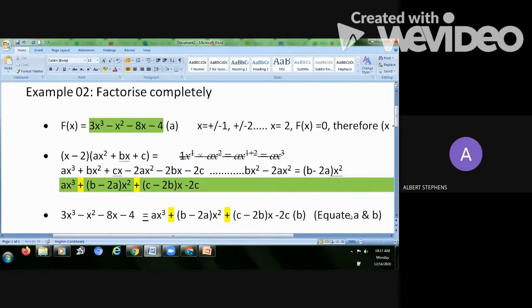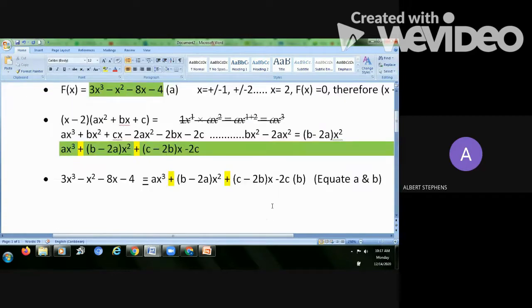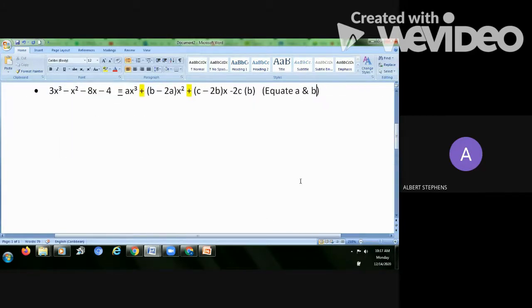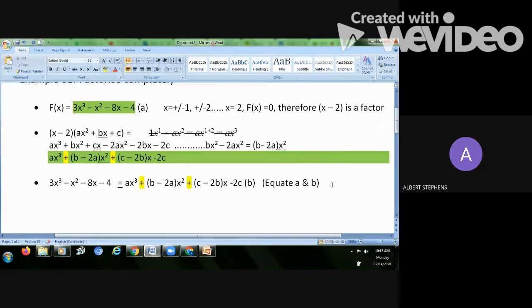A and B. So you say equate A and B. What I did, I labeled the original question, I called it A, and I label that B. Oh no, sorry, the B should be right here.